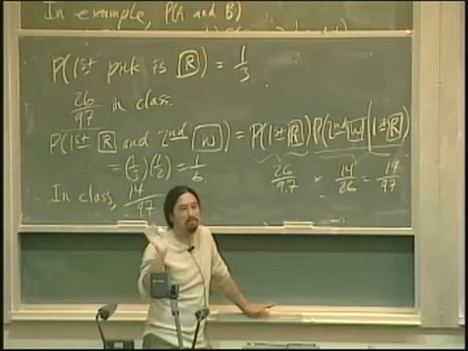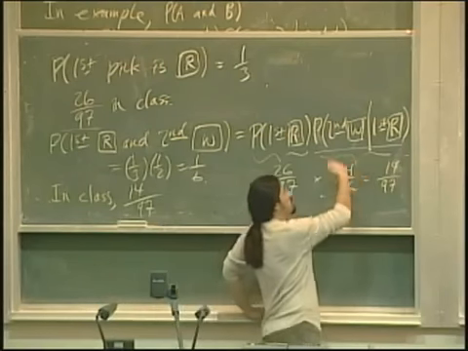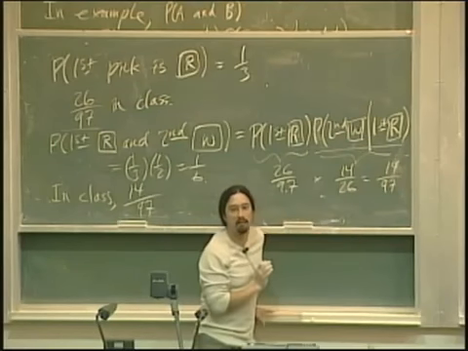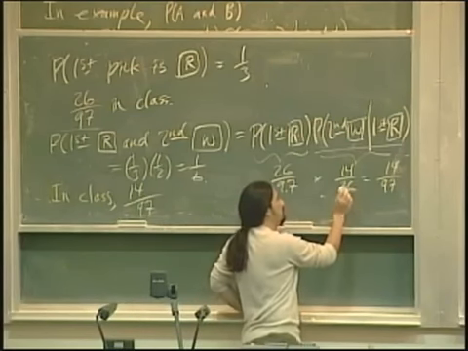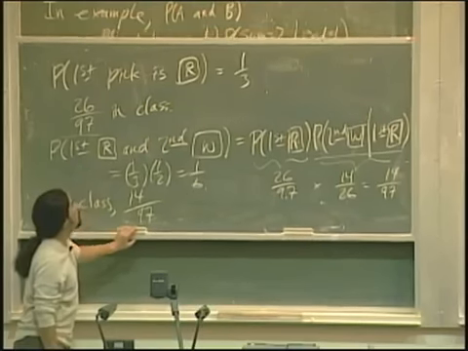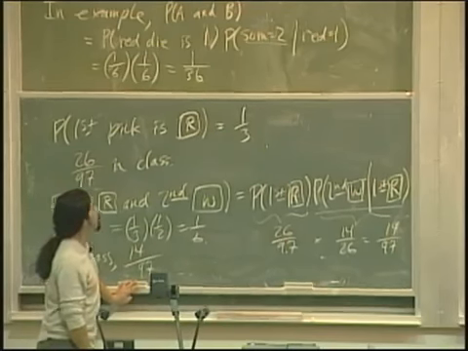I mean, I care about you. You know, you're all wonderful people, I'm sure. But in terms of this calculation, I don't really care about all the people that didn't get the first one to be red. All I care about is, of these 26 people, what proportion of them managed to get the second one to be white. So that came out pretty close to a half for that part.